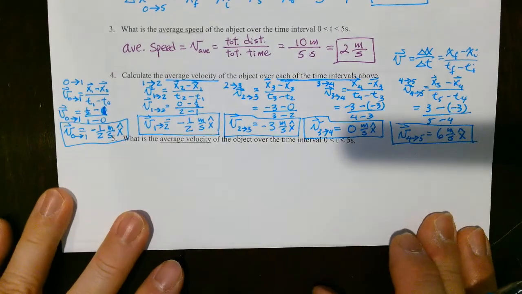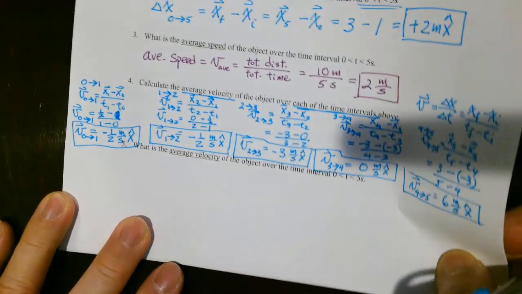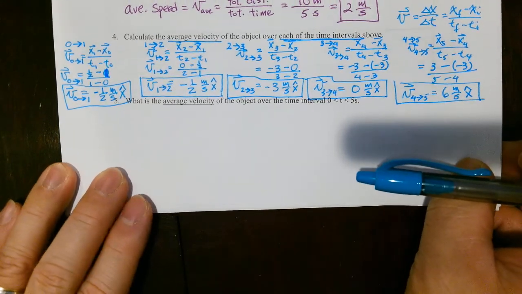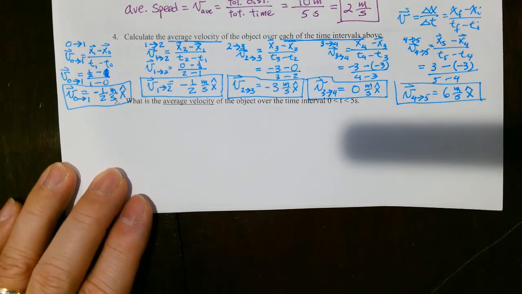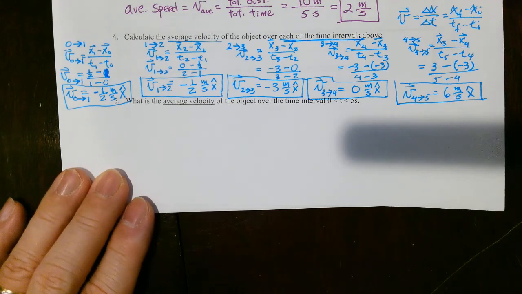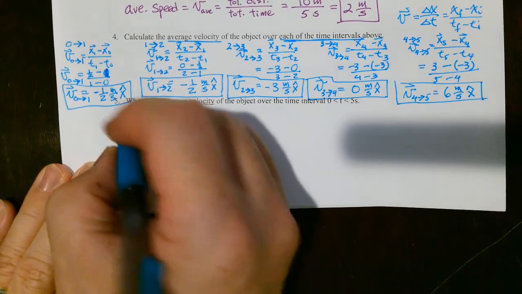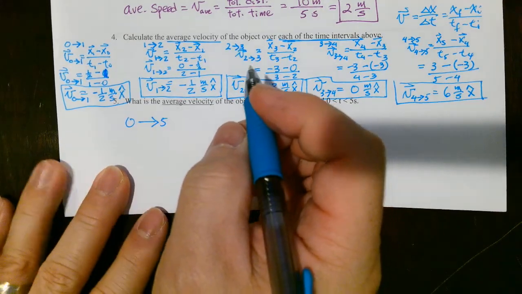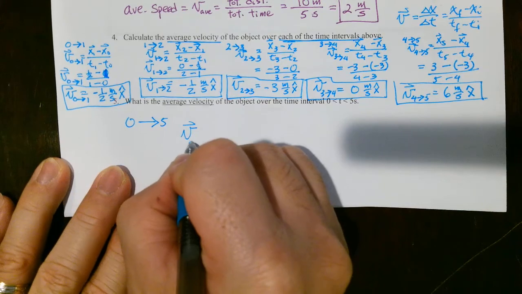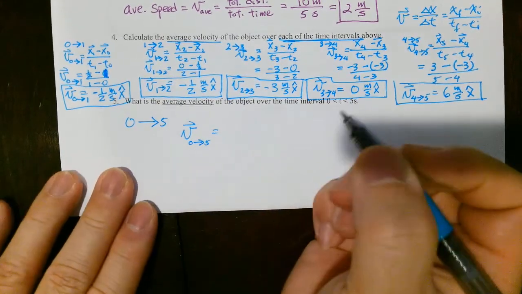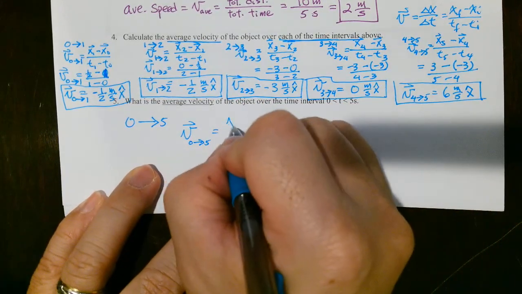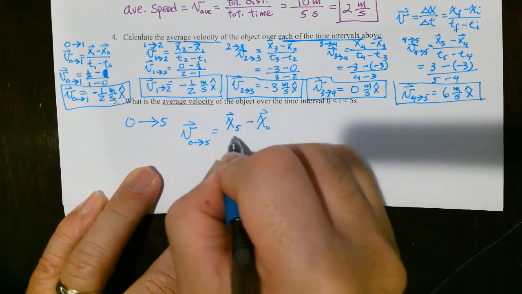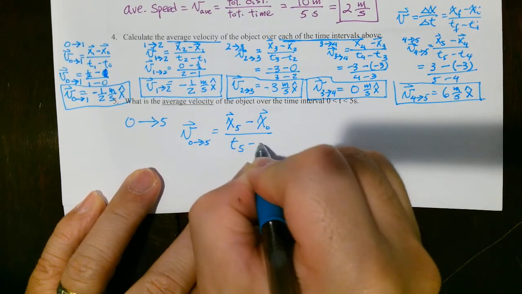So let's take a look at the last part. The last part asks, what is the average velocity of the object over the time interval 0 to 5 seconds? Now they want to know the complete trip from 0 to 5 seconds. So the average velocity from 0 to 5 seconds is equal to just x5 minus x0 over t5 minus t0.